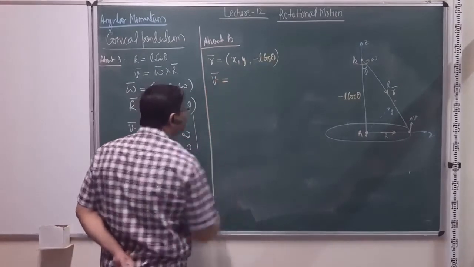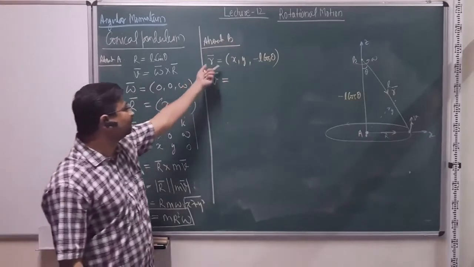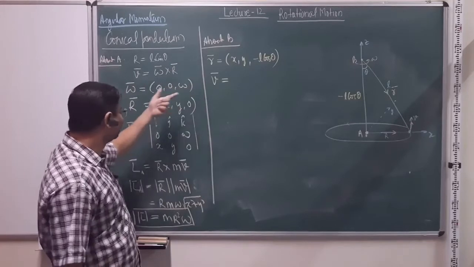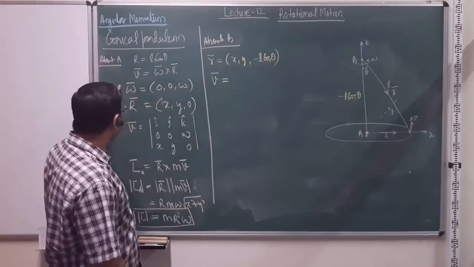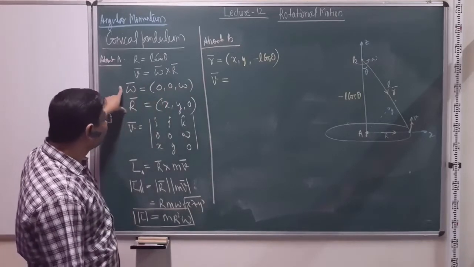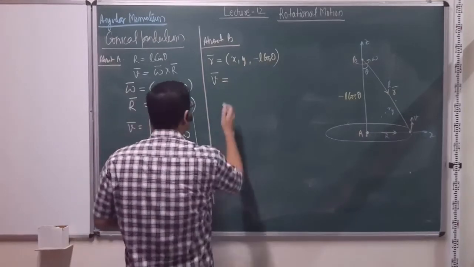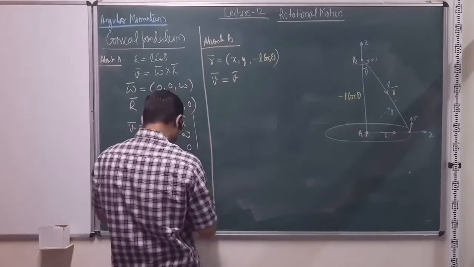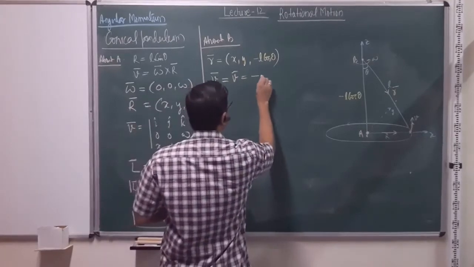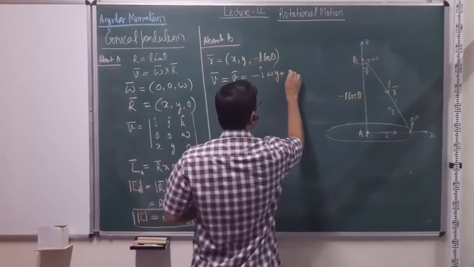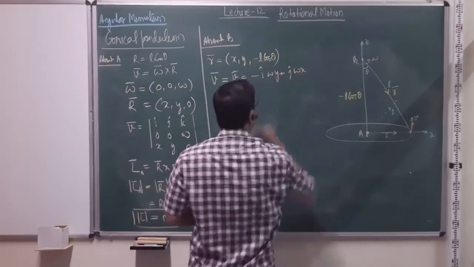The velocity vector will not change again, because either we can simply differentiate it, or we can get the actual linear velocity by doing omega cross r. You should try this. If you do omega cross r, v remains exactly the same as before, which I think I wrote as minus i cap omega y plus j cap omega x.